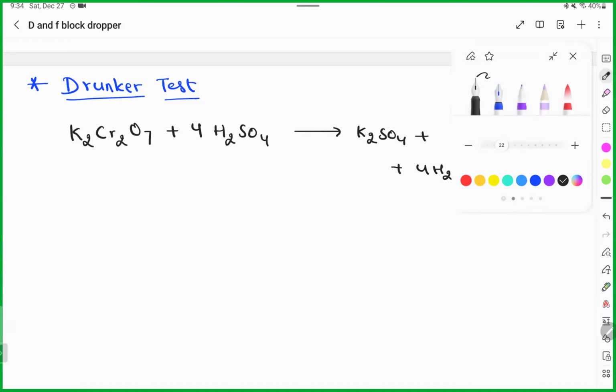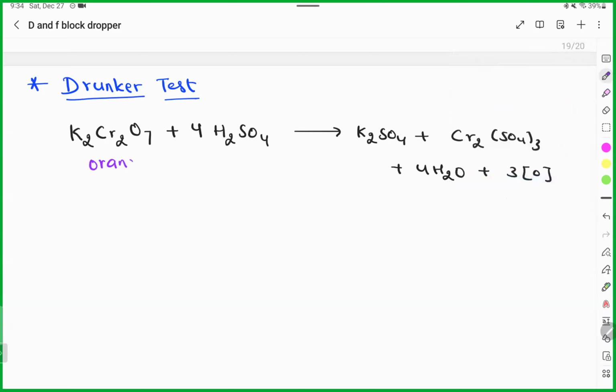So what happened in this case? This is orange color. In the presence of alcohol, this orange color of K₂Cr₂O₇ will convert into green color. So if there is a change in color, it means there was alcohol.